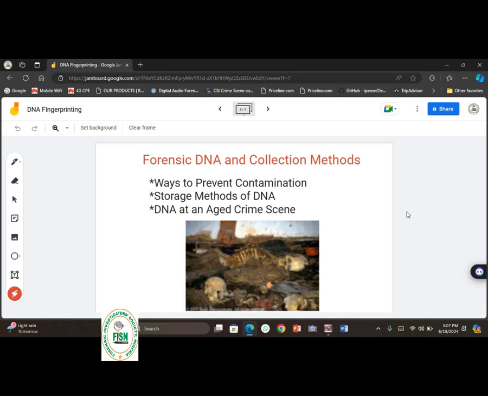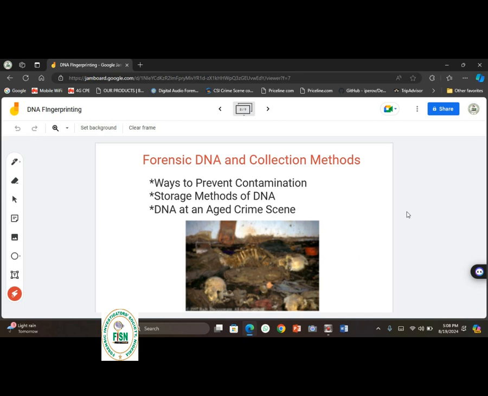Another thing that can happen if it is outside is that a piece of evidence that may contain DNA, like hair or a piece of clothing that has been touched by the suspect, might be blown away by wind. Another thing you must take note of is preventing human factors.